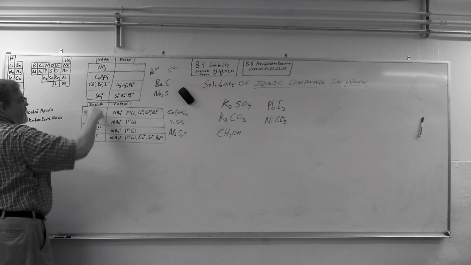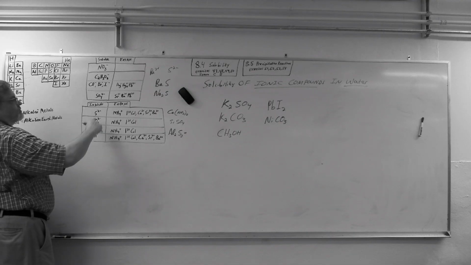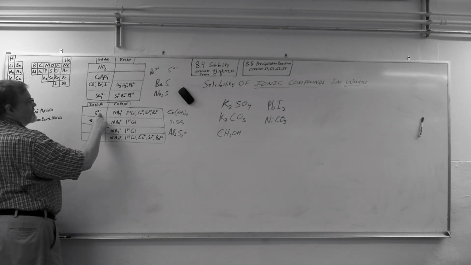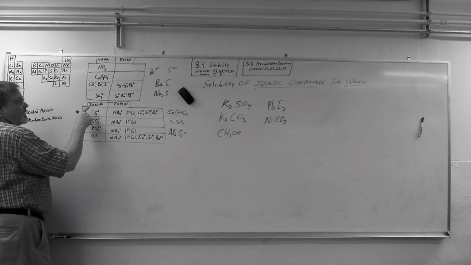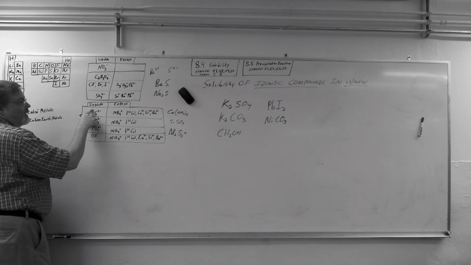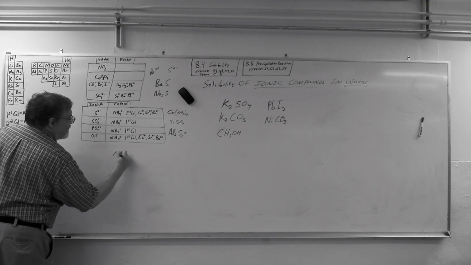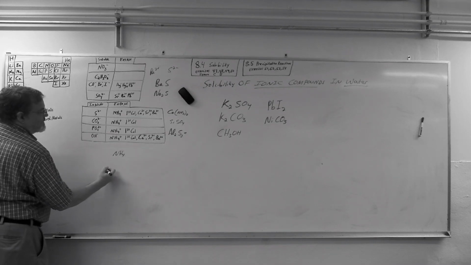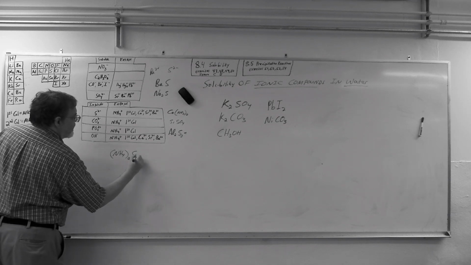So you're looking for barium or sulfur in this first column. We find sulfur here, and it says anything with sulfur in it is insoluble, except for these. The exceptions are NH4, which is one of those polyatomic ions, so I have to put a 2 there.